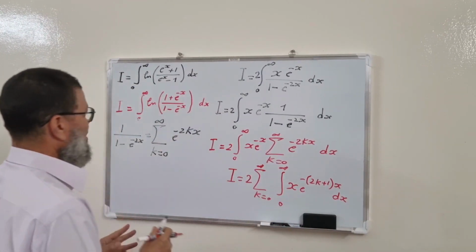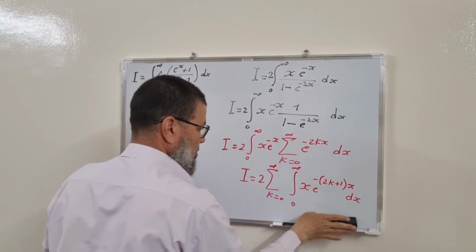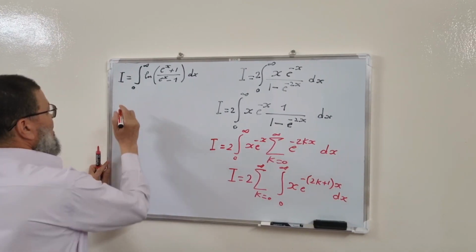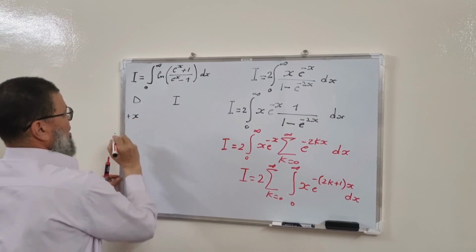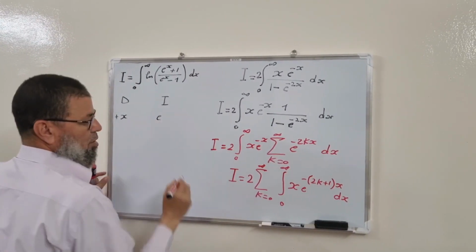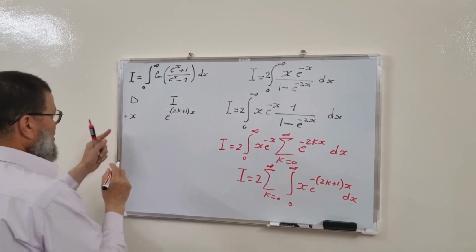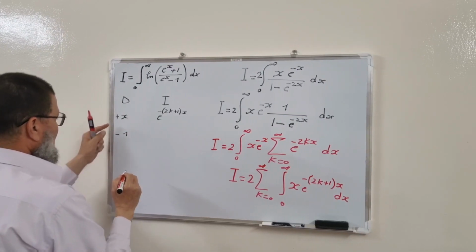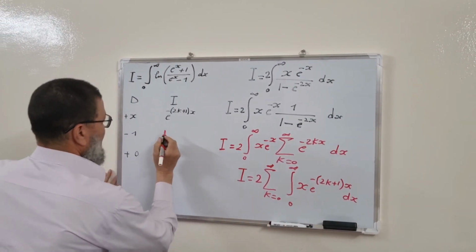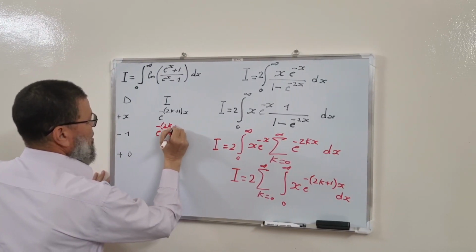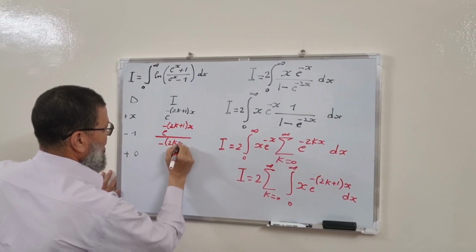We solve this integral by integration by parts. Let the first function be x and the second be e^(−(2k+1)x). The differentiation of x is 1, and the differentiation of 1 equals 0. The integration of this will be e^(−(2k+1)x) divided by minus (2k+1).